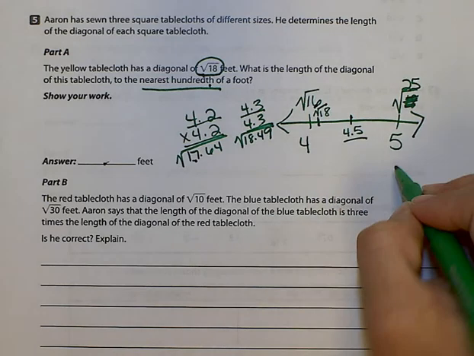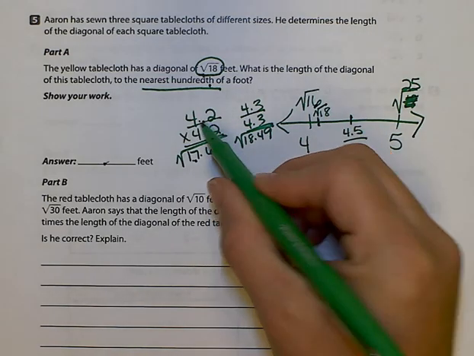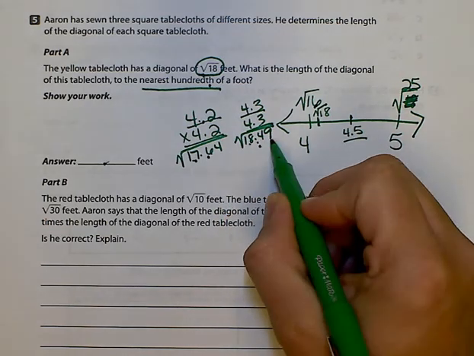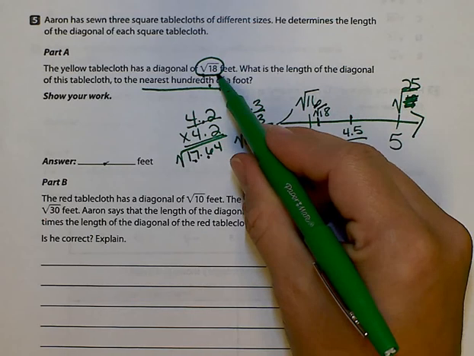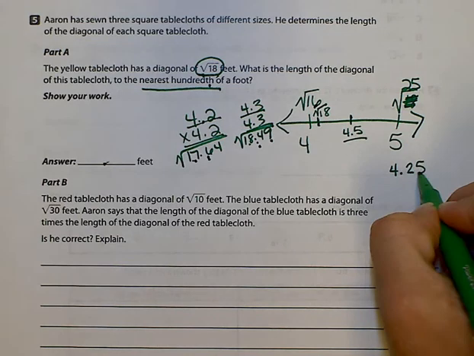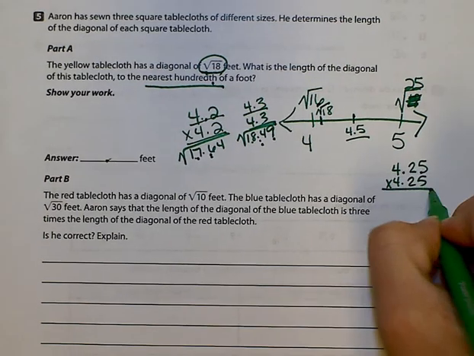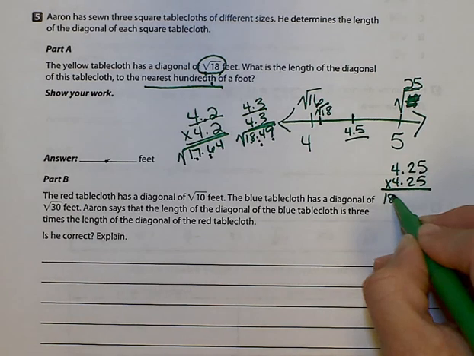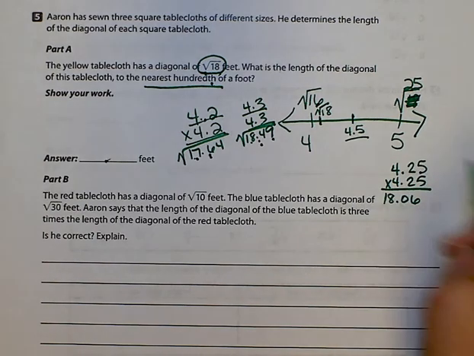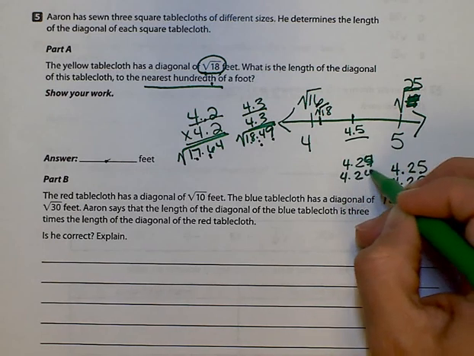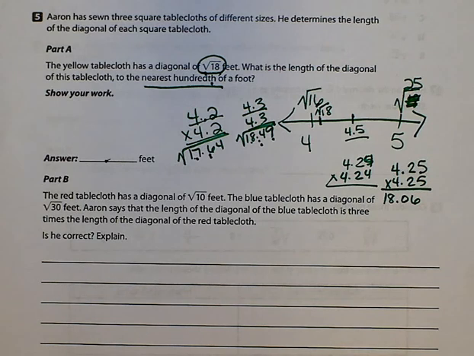So now we know it's 4.2, and we honestly know it's closer to 4.2 than 4.3, because this is almost 18.5, which we don't need. We need it closer to the 17. So let's go 4.25 to see how close that gets us, because that's about halfway. 4.25 times 4.25 gives us 18.06, which is mildly close, which means all we have to do is go down one to 4.24 to see how close we get, or if it's going to be too small.